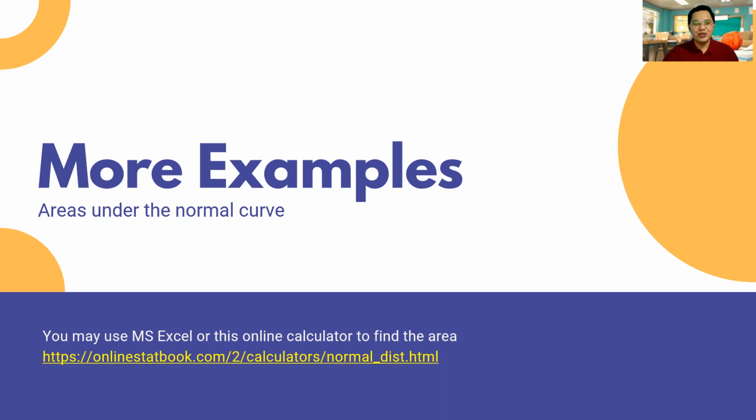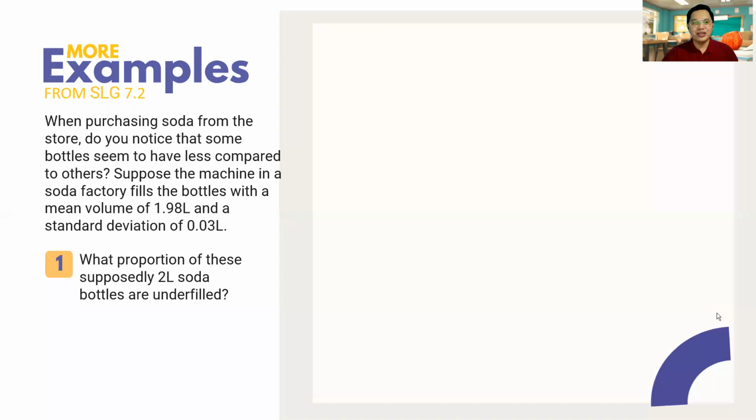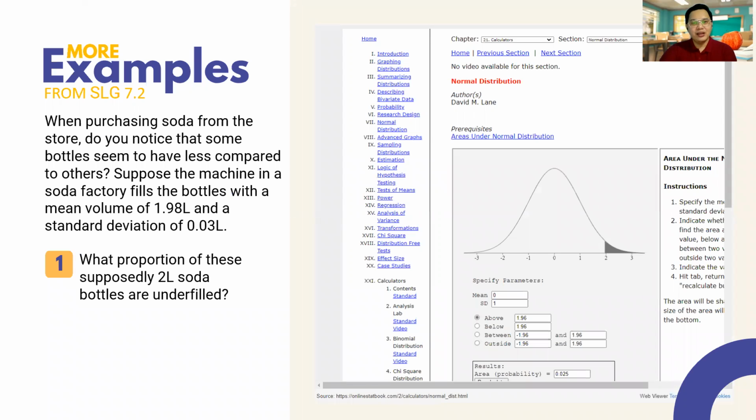All right. So let's take a look at several other examples. This time we're going to work with a different situation. So suppose that when purchasing soda from a store, you notice that some bottles don't seem to have the same amount as others. So some seem to have less, some seem to have more compared to others.